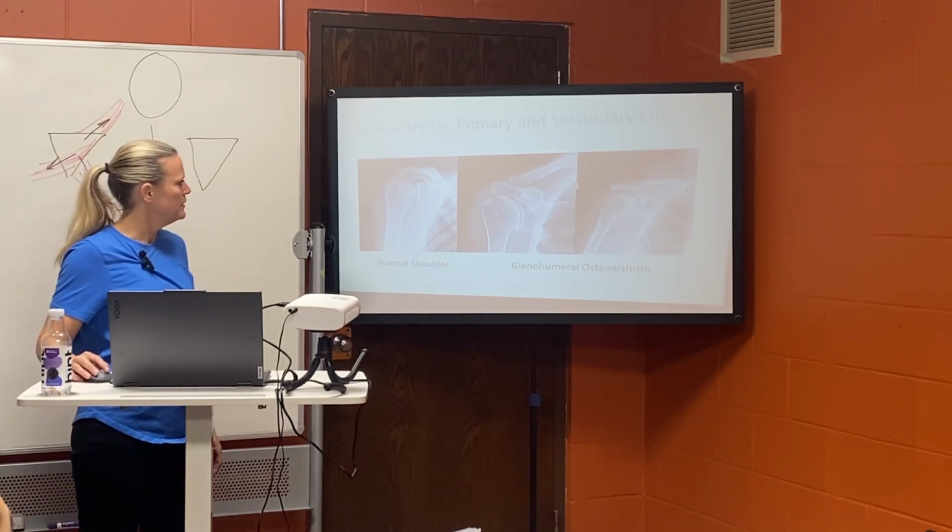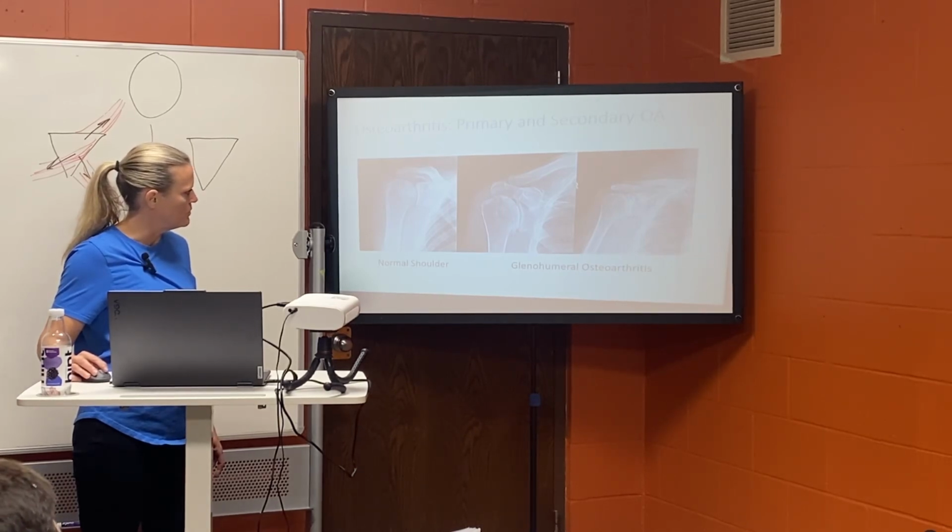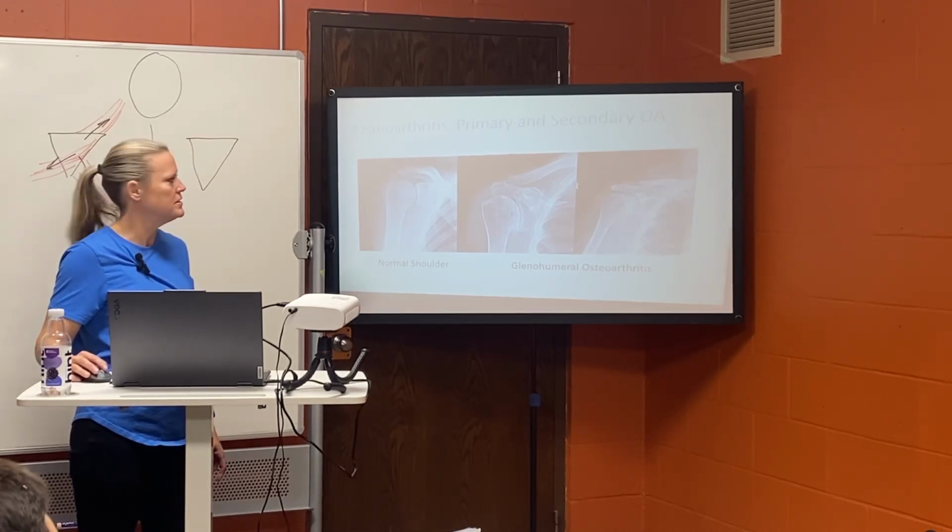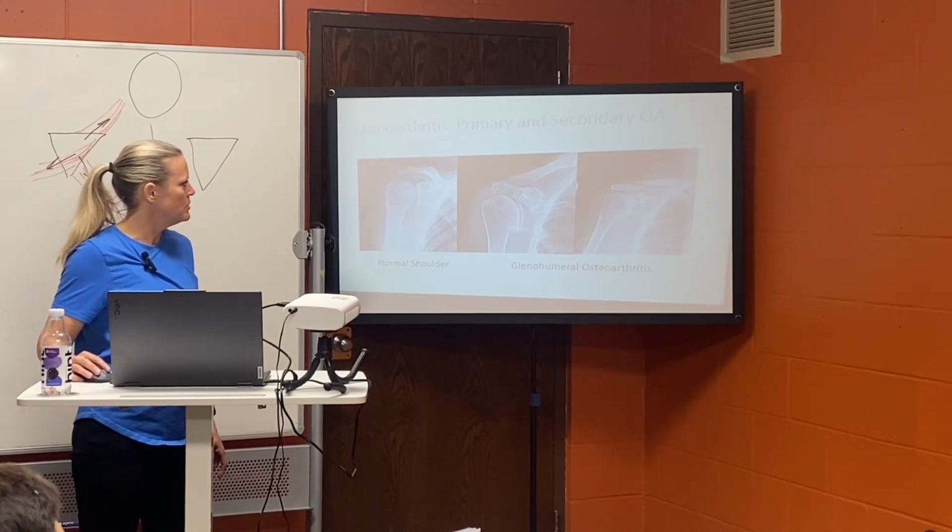Now here, you can see that does not look like that, right? So that smooth ball, there's a whole bunch of bone built up down here, and the ball is flatter. So if you look at how round that is, and then you look at how flat that one is. Both of these x-rays still have plenty of space between this ball and this bone up here. You can see that the amount of space in here, that gray area, is much smaller here.